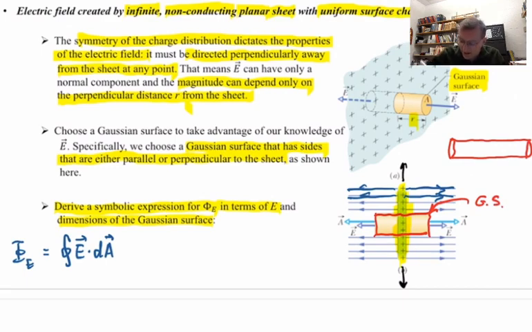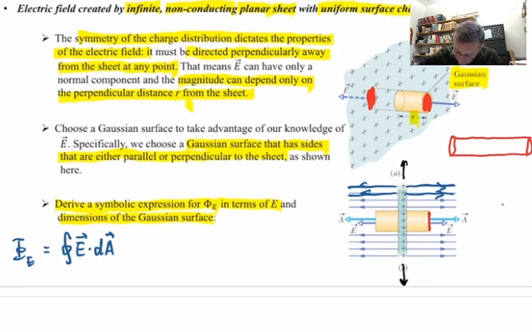Did you say the piercing is happening on the circular end caps? A little bit easier to see up here. There, and back there. Or, as far as this side view would be concerned, the piercing is happening on that end cap on the right and that end cap on the left. In fact, you can see the E and an area vector for each of those end caps.